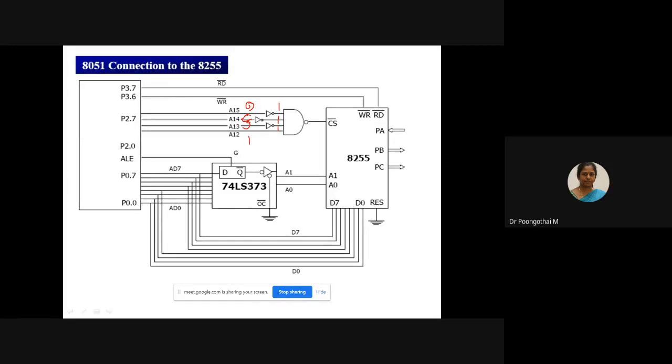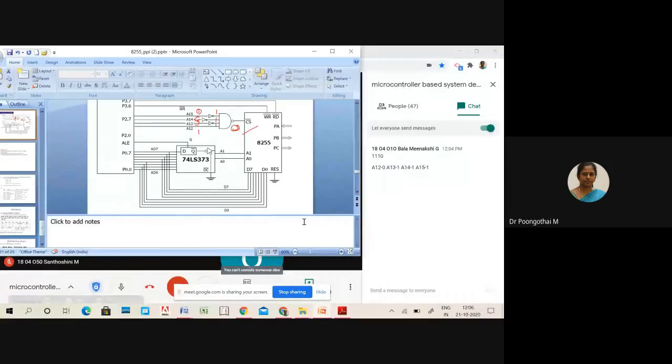Directly you can give 1. So what will be the output here? When all the inputs are high, the output of the NAND gate is 0. So your 8255 is selected since your CS bar is equal to 0. Clear, students? 0, 0, 0, 1.